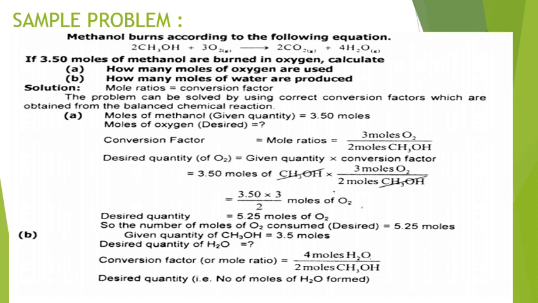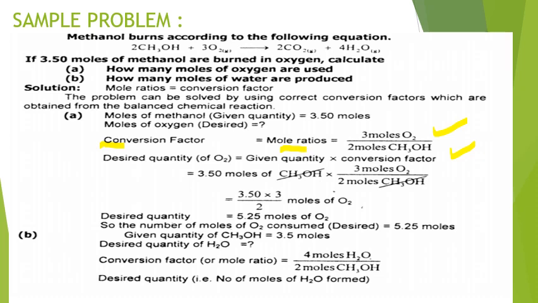As the moles of oxygen are required, we have to write 3 moles of oxygen from the equation as numerator and 2 moles of methanol from this balanced chemical equation as denominator to write the mole ratio or the conversion factor. So it will be 3 upon 2.